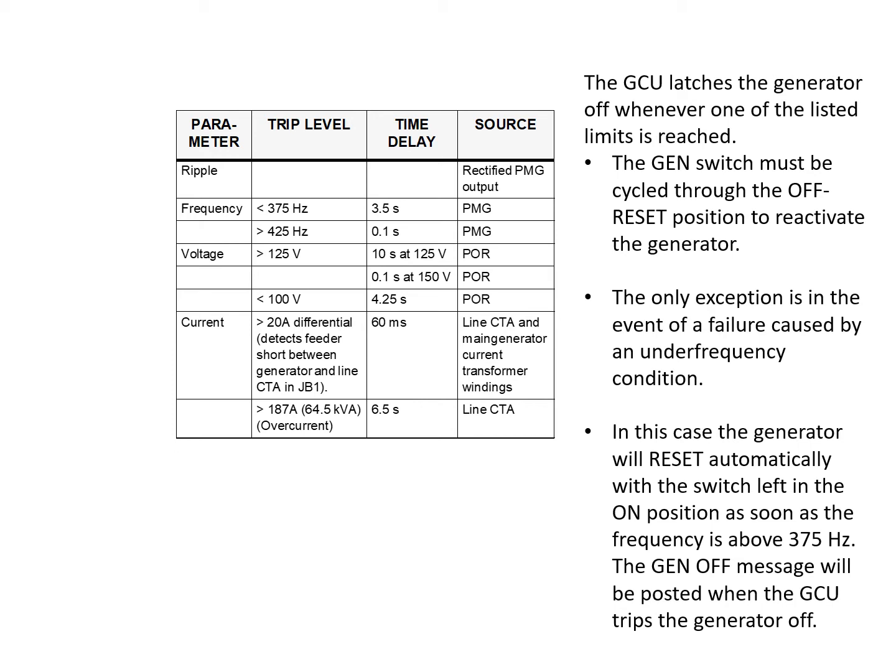It trips offline, but it doesn't latch off. Once the frequency comes back within limits, it automatically comes back online. That's the only exception. All the other limits, over frequency, over and under voltage, over current, the generator will trip and it will stay off. And if you want to try and reset the generator, you have to turn it off and put it back on again.